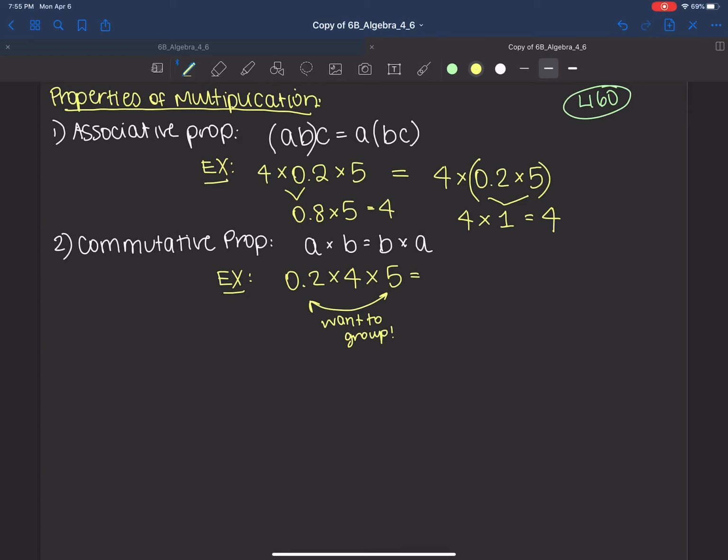So to do that, we can actually switch the first two terms. So we can commute these. And we'll get 4 times 0.2 times 5. And now we can use our associative property again. This is 1. We have 4 times 1. Life is good. So here we're actually using the associative again.